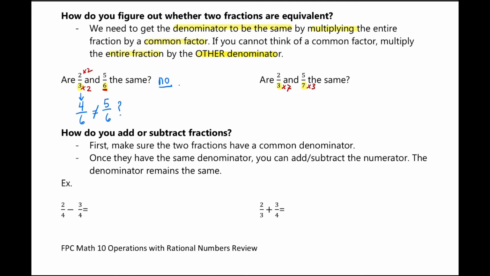You're multiplying the entire fraction by the other denominator value. So whatever you multiply on the bottom, you do the same for the top. Multiply by 7, multiply by 3. So the first fraction becomes 14 over 21, and the second one becomes 15 over 21. So now we have a common denominator, and we know that these two fractions are not equivalent. So no.